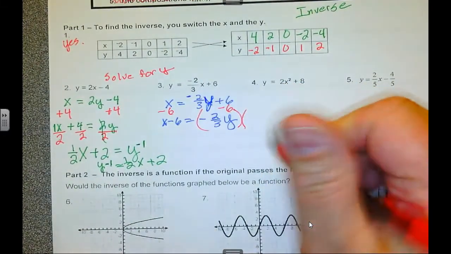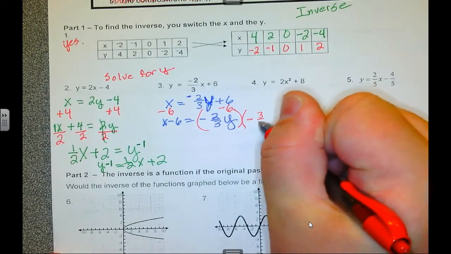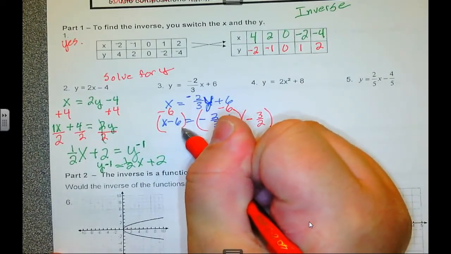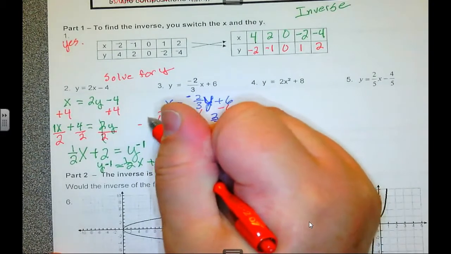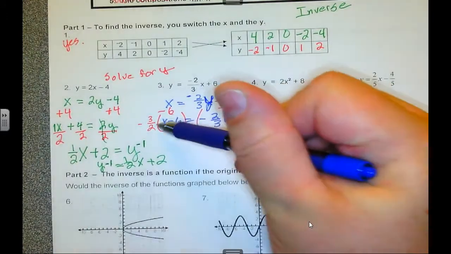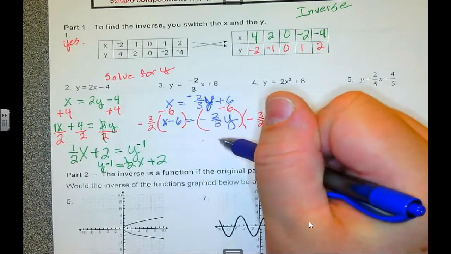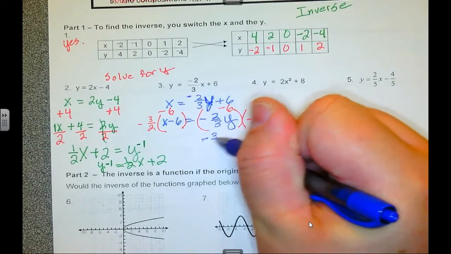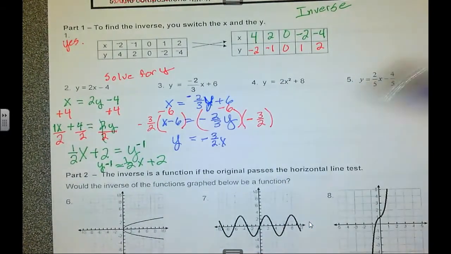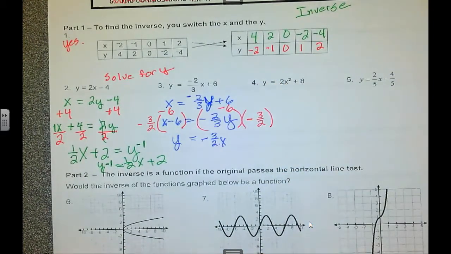Easiest way to get rid of a fractional coefficient is to multiply by its reciprocal. So that means I'm going to have to multiply this quantity by the reciprocal, correct? Okay. Negative 3/2 times x. Good. Negative 3/2 x. And I got to put it on this side of the equation because I want my y over here, right? Okay. Negative 3/2 times negative 6.